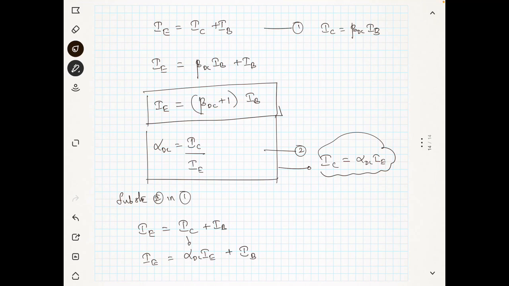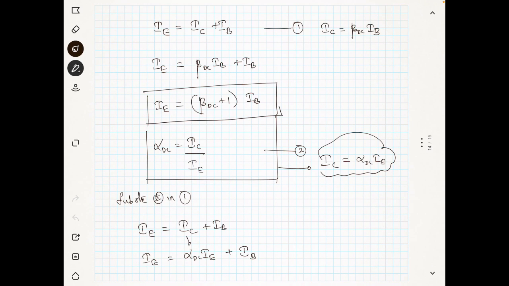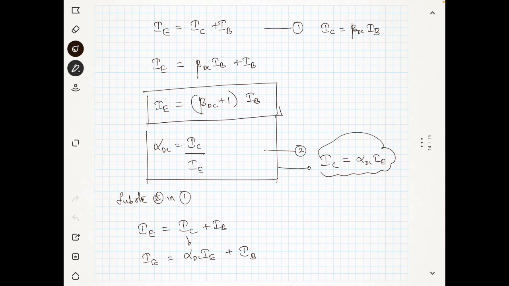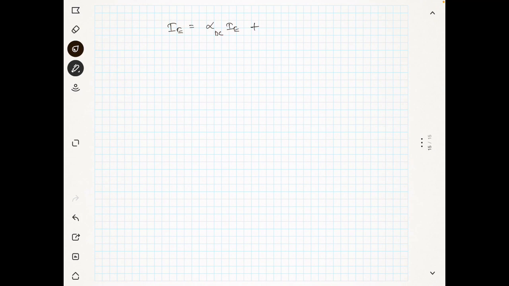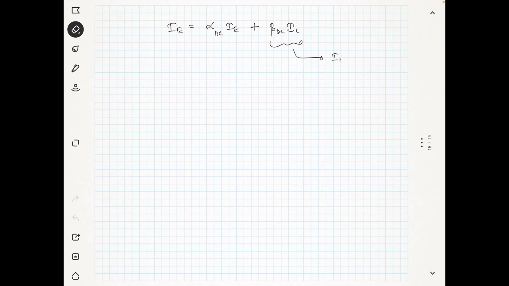I will write the equation again on the next page. But what is IB? IB is equal to IC over beta DC, sorry for this.